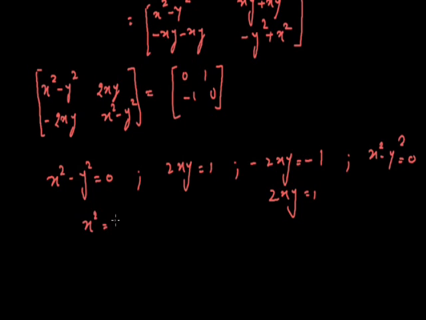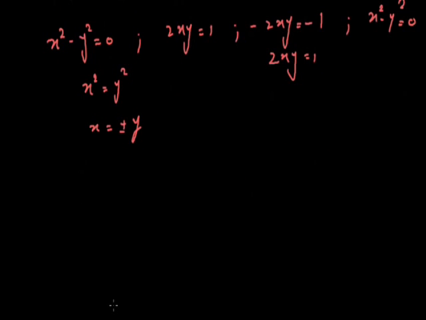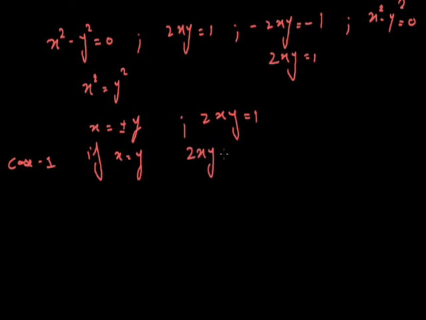Now if x square equal to y square means x equal to plus minus y, and 2xy equal to 1. Now consider case 1. If x equal to y and 2xy equal to 1, so 2x square equal to 1.